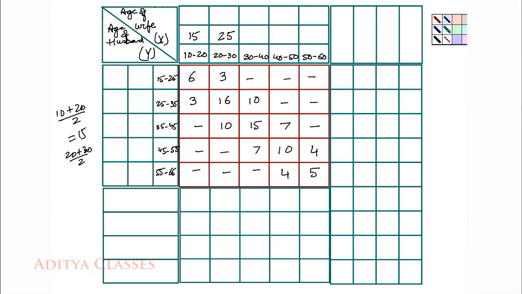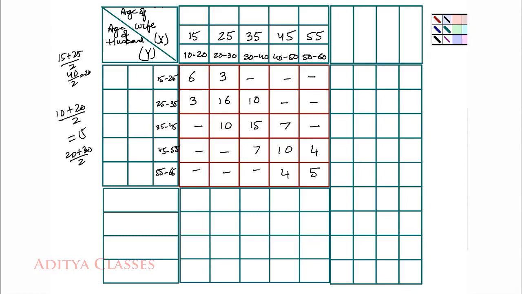Similarly, if we come here, we find that mid values would be 15 plus 25 upon 2, giving 40 by 2, that is 20.